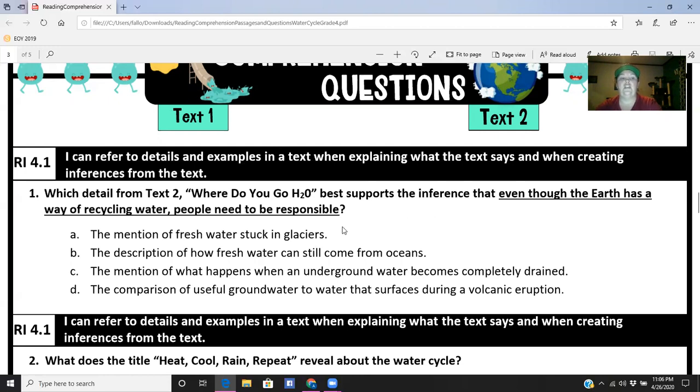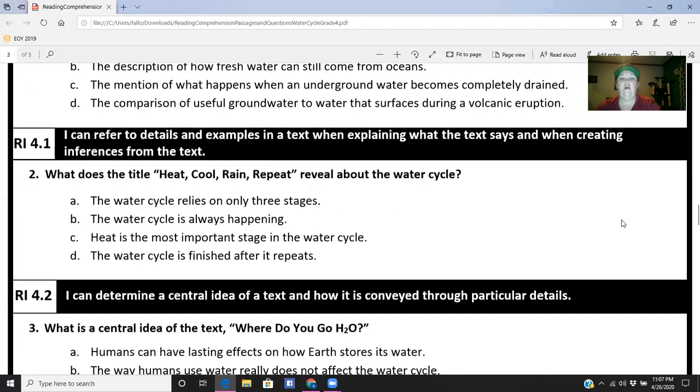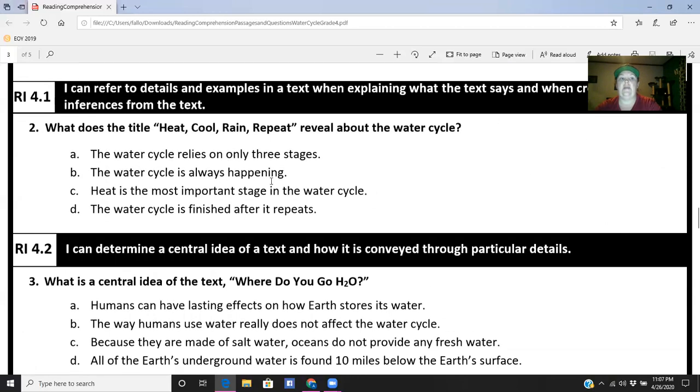So the first question that it's going to ask us on Thursday is which detail from text 2, so the second story, Where Do You Go, H2O, best supports the inference that even though the earth has a way of recycling water, people need to be responsible. The second question we need to think about is going to be about the passage that we're going to be reading today.